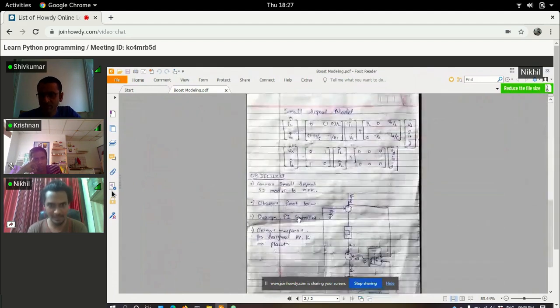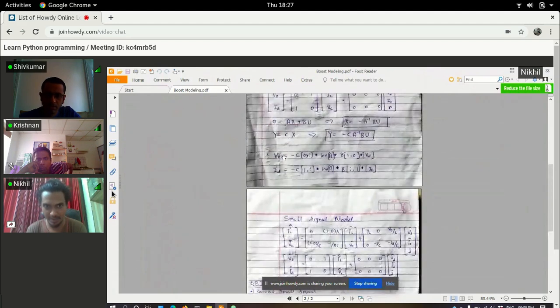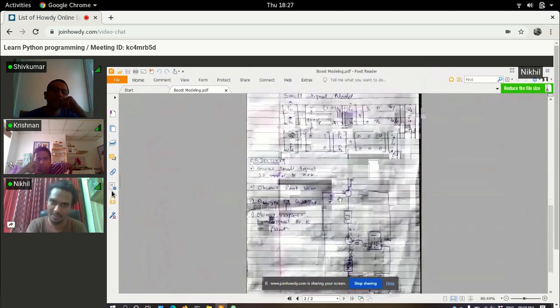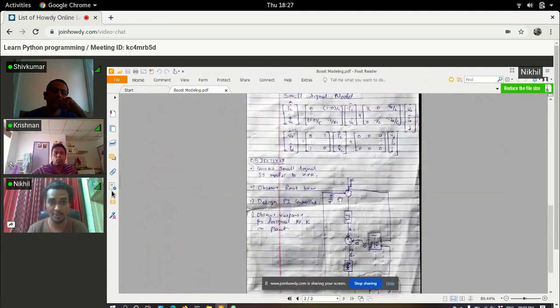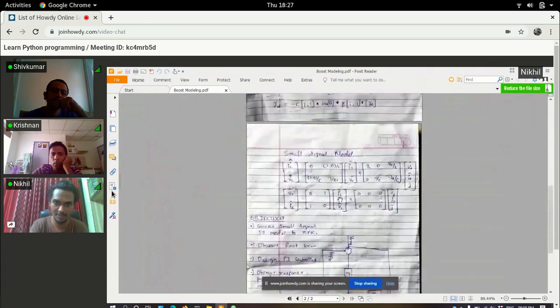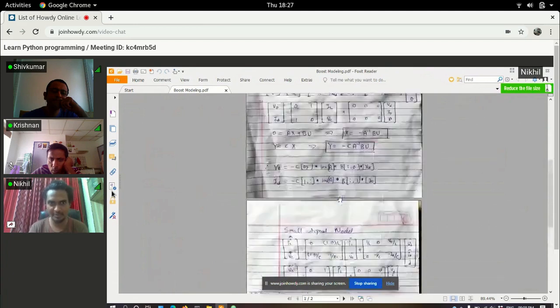Yeah, it is required in the small signal model. Here in the third column of the B matrix, we require minus ID by C and VO by L. So these two values we are calculating here, and we are using them in the small signal model. The small signal model is used to design our controller, but some values are taken from the steady state model.